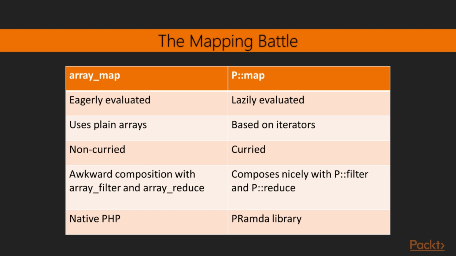And because of this, array_map is also awkward for composition with other functions like array_filter and array_reduce. It gets really verbose, and the order of parameters becomes really tricky when you're combining these functions, and we're going to see a little bit of that later. But pmap composes nicely with filter and reduce. It uses the exact same interface. It exposes the array parameter as the terminal argument so that you can easily compose them.